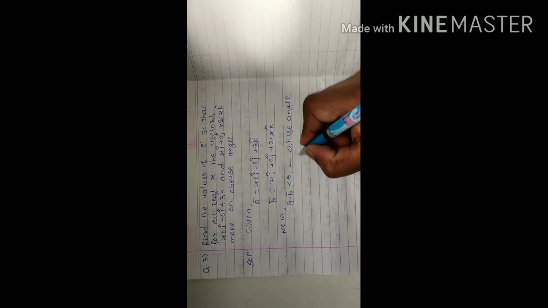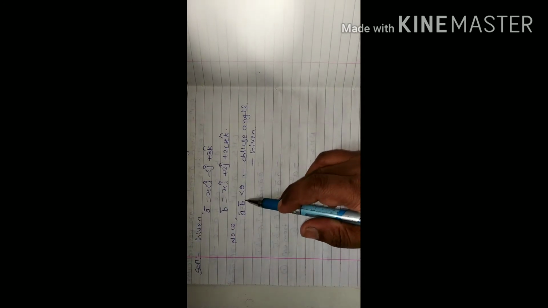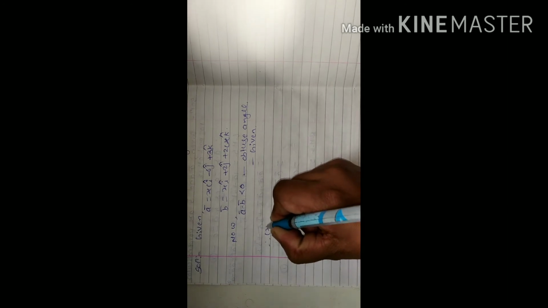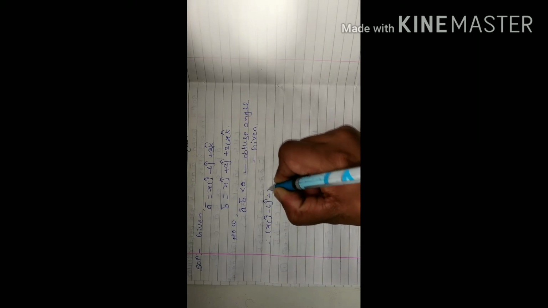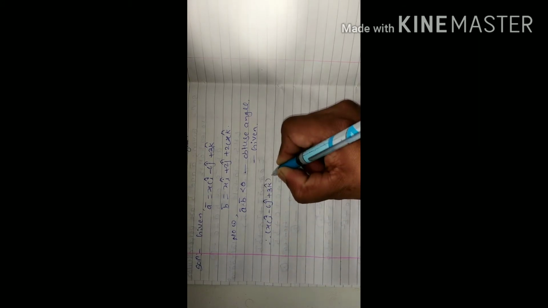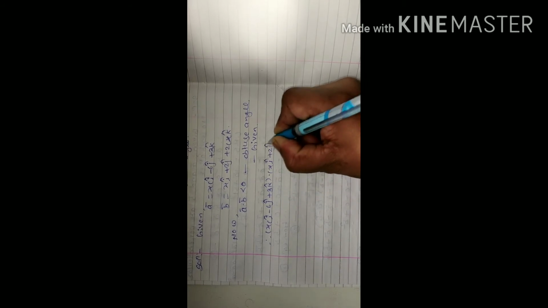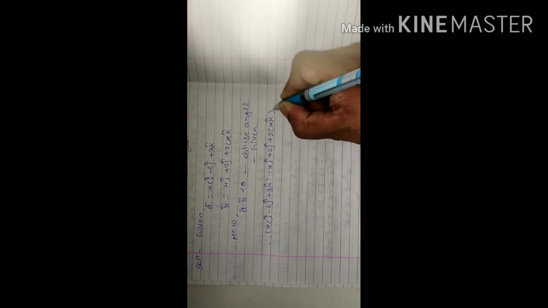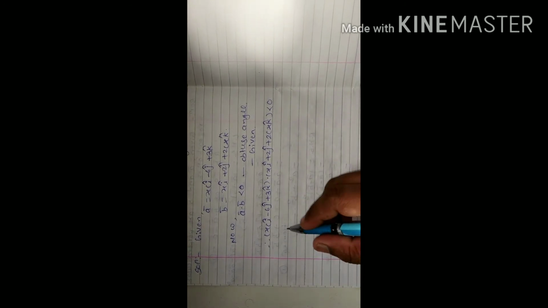And it is given. Then we put the values of a bar and b bar into the above equation. Then we write a bar, that is xc i cap minus 6j cap plus 3k cap, dot b bar, that is x i cap plus 2j cap plus 2cx k cap, and this value is less than 0. Then we solve, we multiply here.